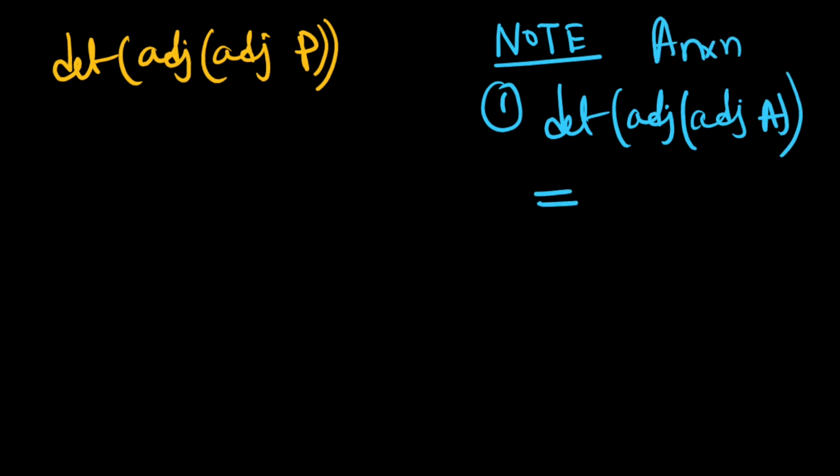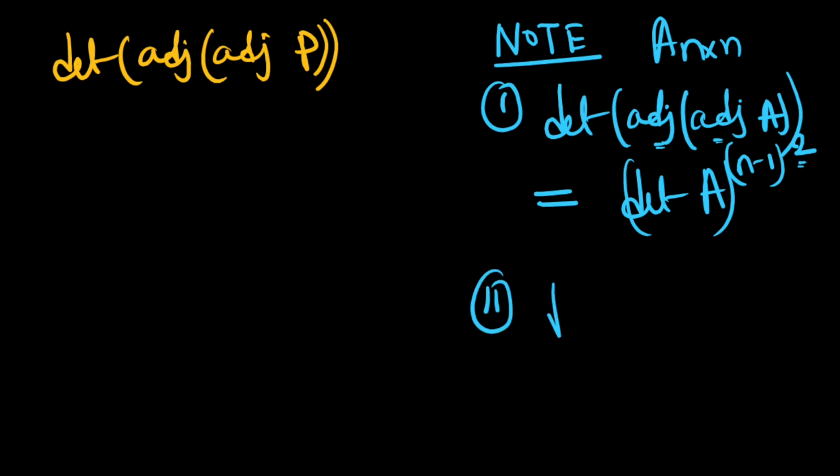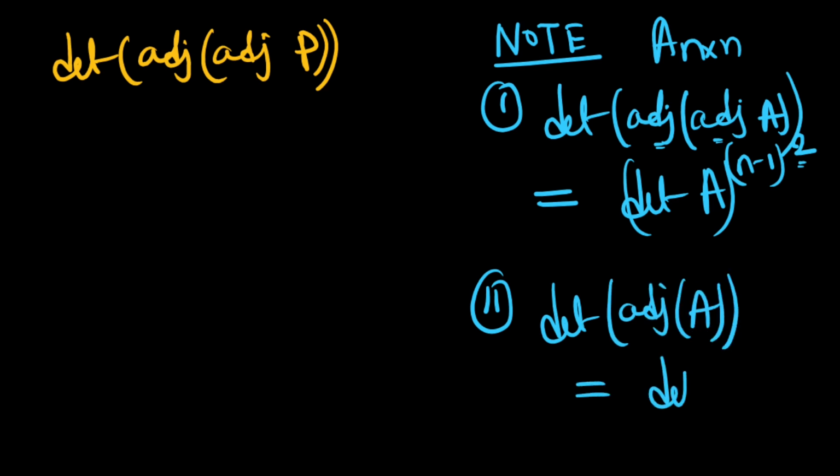The determinant of adjoint of adjoint of A is equal to determinant of A power n minus 1 whole power 2, because here the adjoint is applied 2 times, so that's why this is 2. This formula comes from the formula that the determinant of adjoint of A is equal to determinant of A power n minus 1. This formula is used repeatedly here, and then we get the determinant of adjoint of adjoint of A is equal to determinant of A power n minus 1 whole power 2. So we use this formula here.